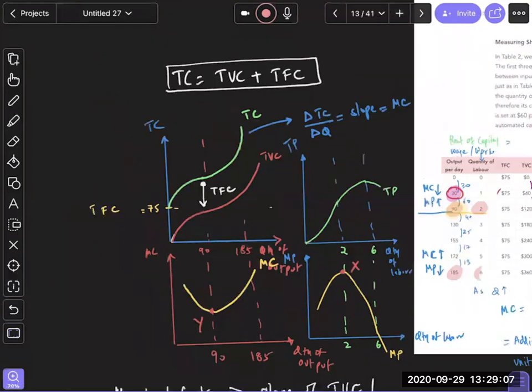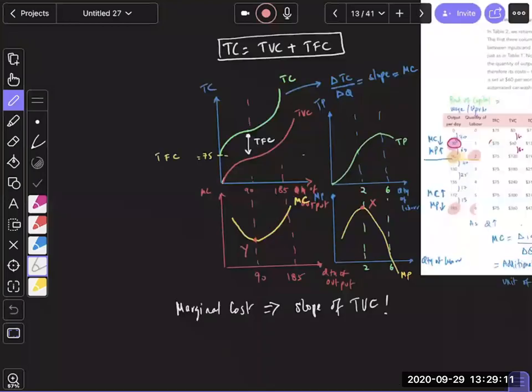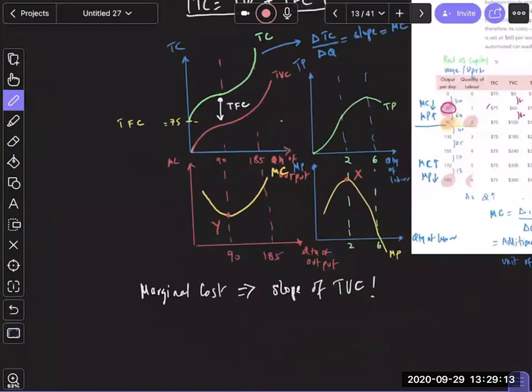So I'm saying that the slope of marginal cost is also the slope of both total cost and total variable cost. That's what I'm saying. Make sense, guys? Do we agree? Yeah. So are we going to move on?